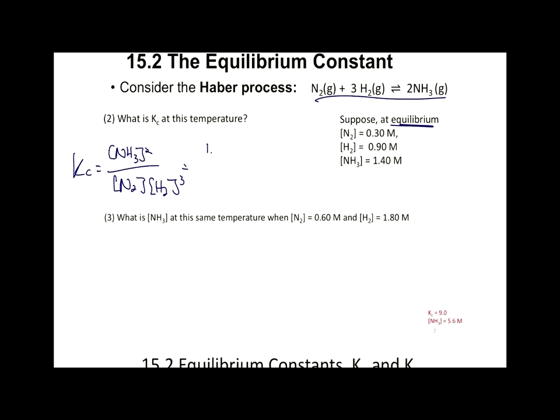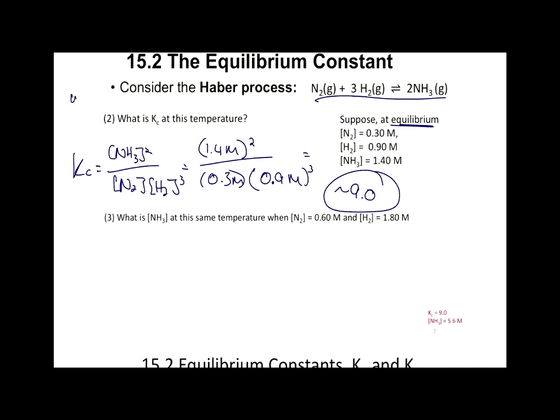So we have 1.4 molarity on the numerator, and that's squared. N2 is 0.3 molarity, and then H2 is 0.9 molarity, but that all is cubed. And so you get some number, I think it's like 9. What's special about K is that it's unitless, so we don't care about the unit.